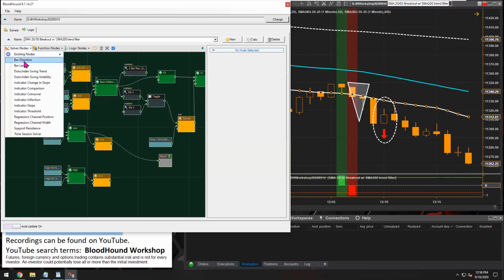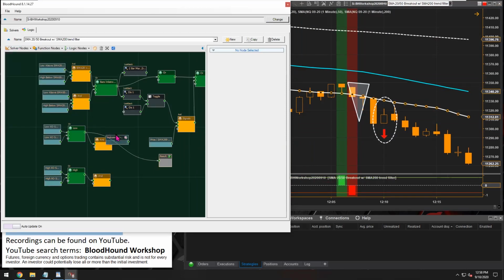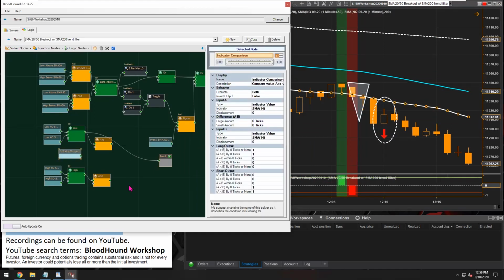Let's see. To do that, I'm going to use a comparison solver here. Well, now I'm kind of wondering to myself if I'm overthinking this. Yeah, this is turning into a pretty good puzzle here.